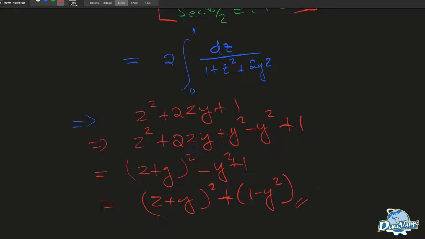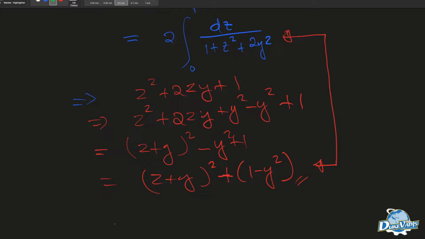So we can substitute all this here. So you see our final integral will be 2 out integral 1 to 0 dz all over z plus y all squared plus 1 minus y squared. Okay, you see it's coming.